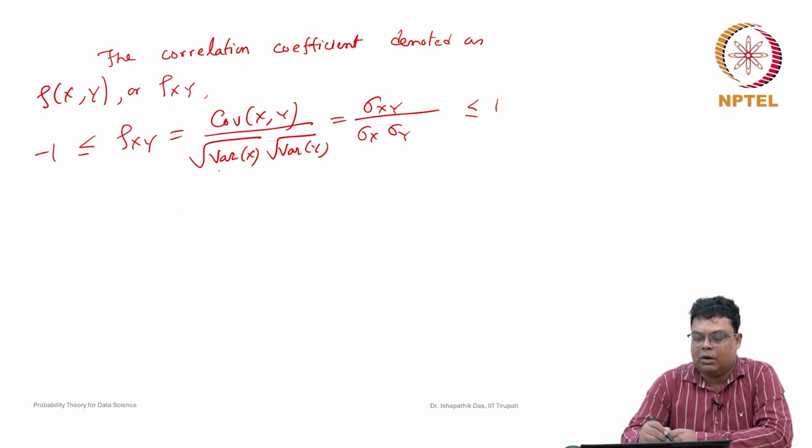The lower bound is minus 1 and the upper bound is 1.